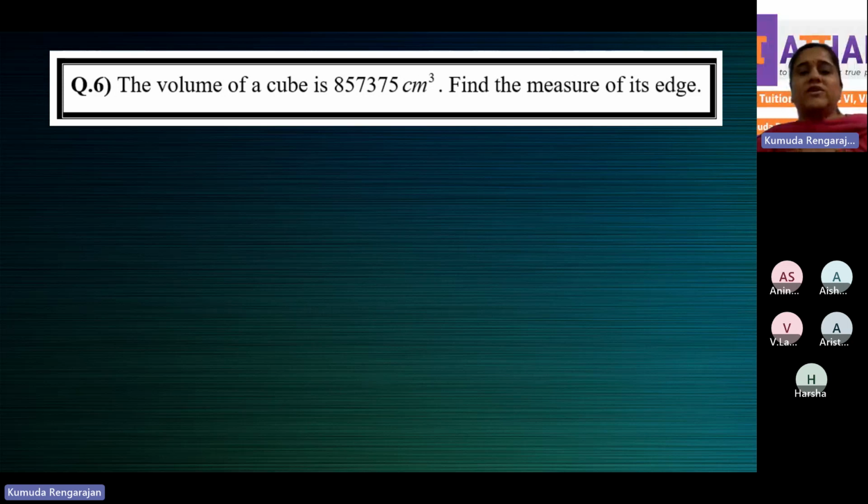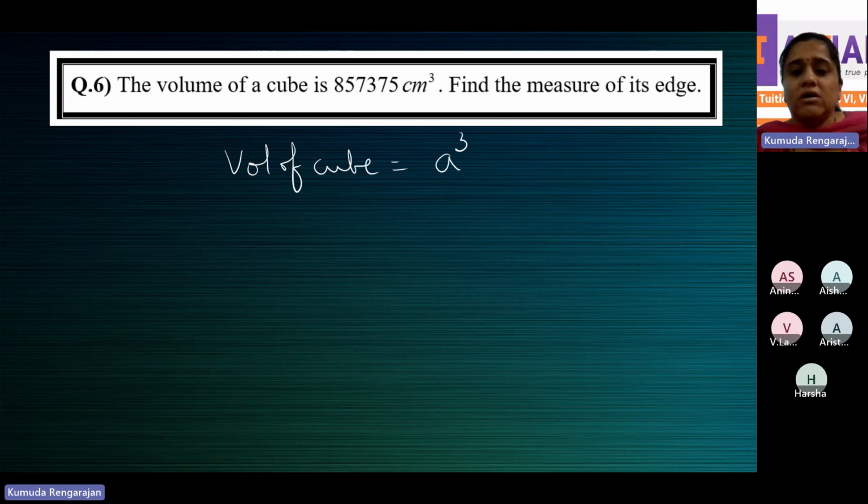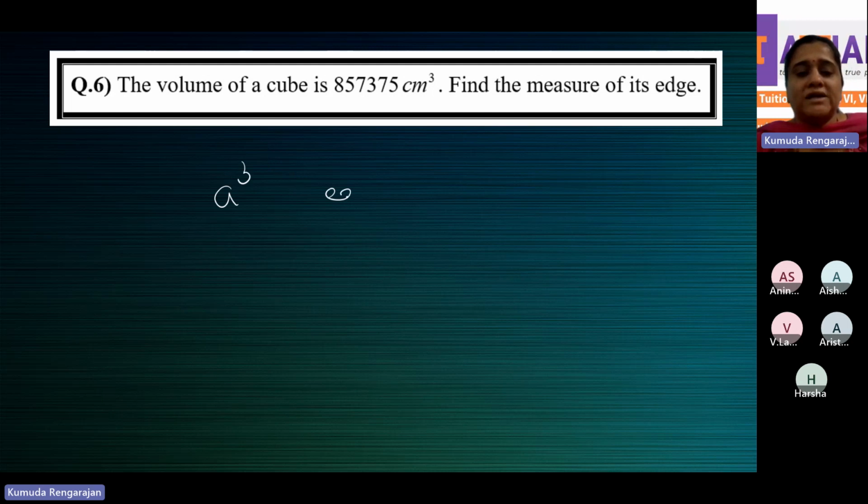So here the volume of a cube is given to you. What is the formula to find the volume of a cube? Volume of a cube is equal to a cubed or edge cubed. See, it's given by different expressions. You can say a cubed or edge the whole cubed.